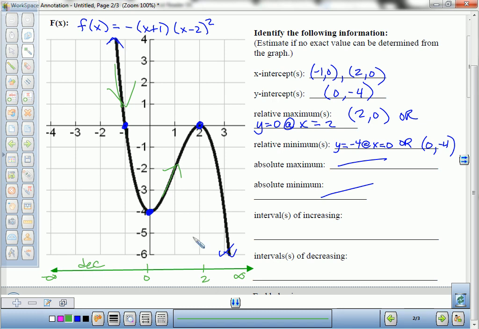Then we go up, increasing. Then we go down, decreasing. This one has two decreasing intervals from negative infinity to 0, and then again from 2 to infinity. It has an increasing interval from 0 to 2. Do you have to put both of them? Yes.